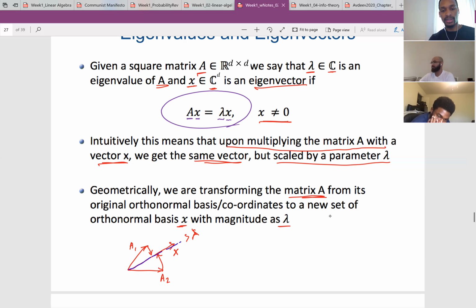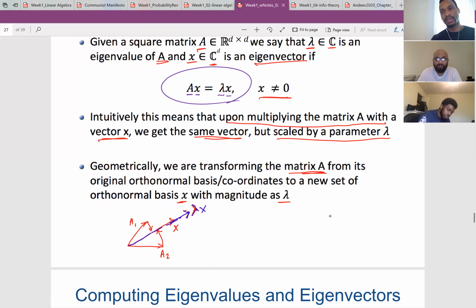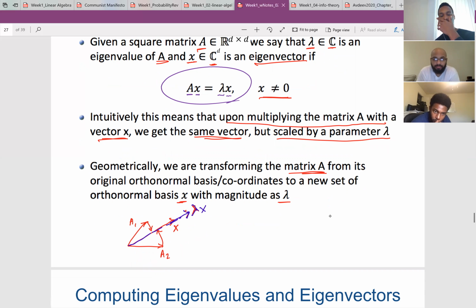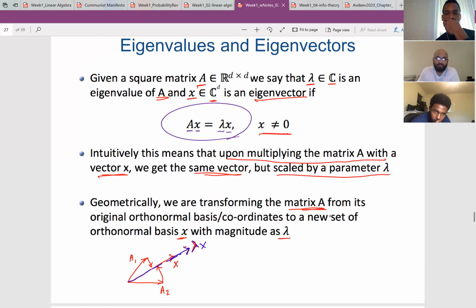So this is what A gets turned into, just your lambda X. Sadly we can't really draw in 3 dimensions easily, but when you have a lot of dimensions, eigenvectors are useful because they compress your information into 1 dimension.